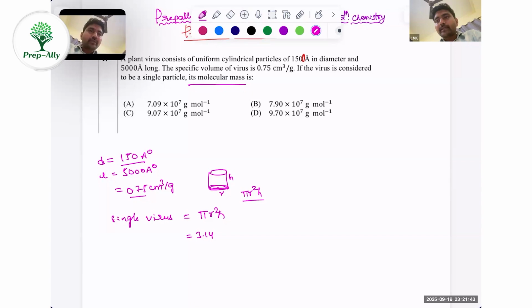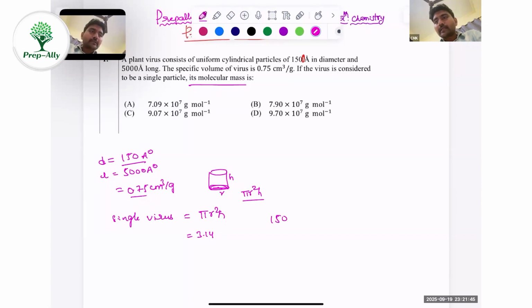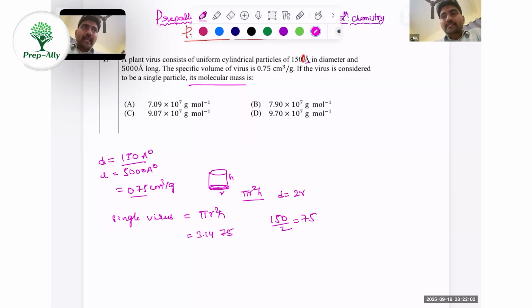Diameter is equal to 2r, or r is equal to d by 2. So 150 by 2 is 75. Since that is in angstroms, I am converting into centimeters, 10 to the power of minus 8.